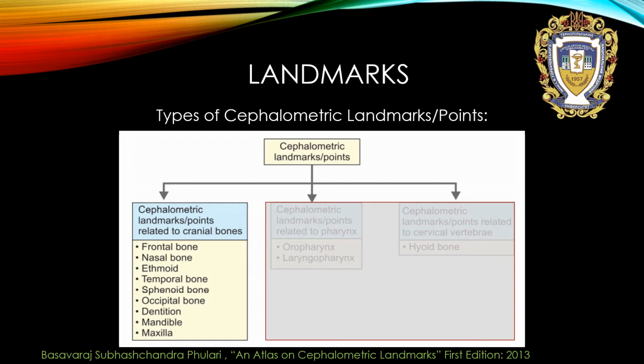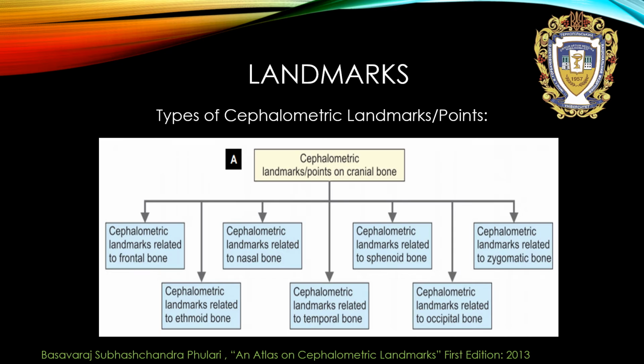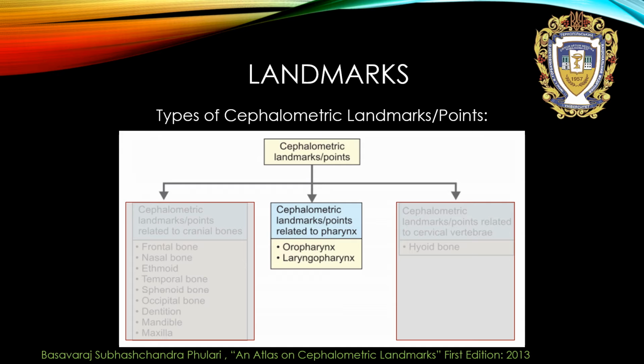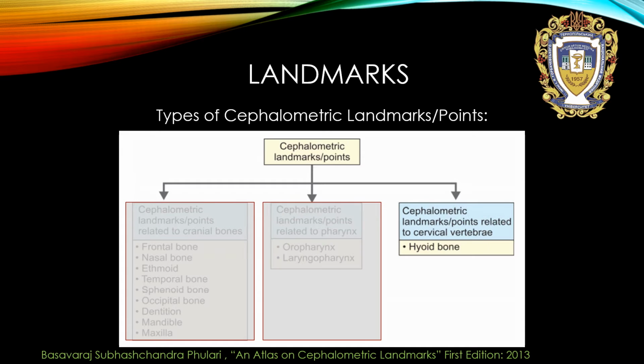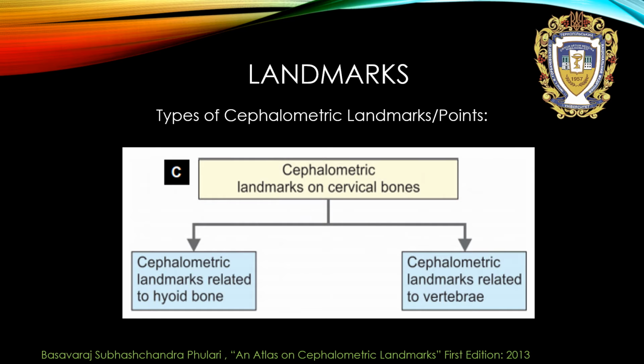Now let's talk about landmarks related to cranial bones. They are divided into those related to frontal bone, ethmoid bone, nasal bone, temporal bone, sphenoid bone, occipital bone, and zygomatic bone. Related to pharynx, oropharynx and laryngopharynx, and related to hyoid bone.